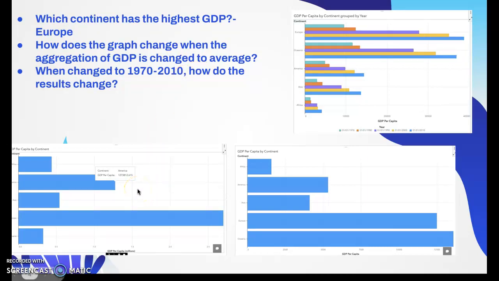So this is before, and then this is after, I believe. Yes. So Europe has the highest GDP in aggregation, and then when it's changed to average, the highest is Oceania.